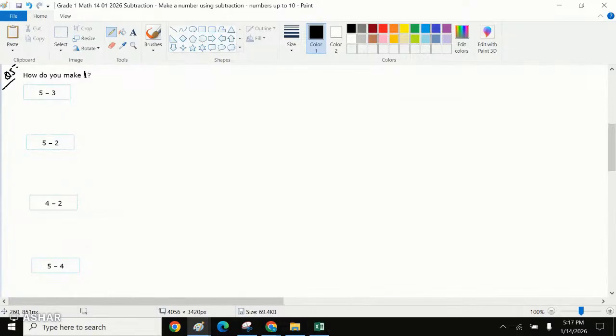Let's see. What is 5 minus 3? Simply we can write the 5 numbers. Any number that is 5 or less than 5, we can do it on one hand, right?